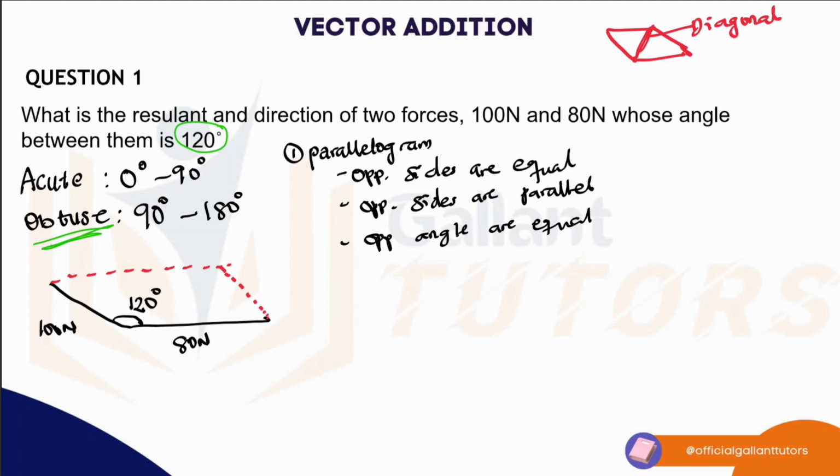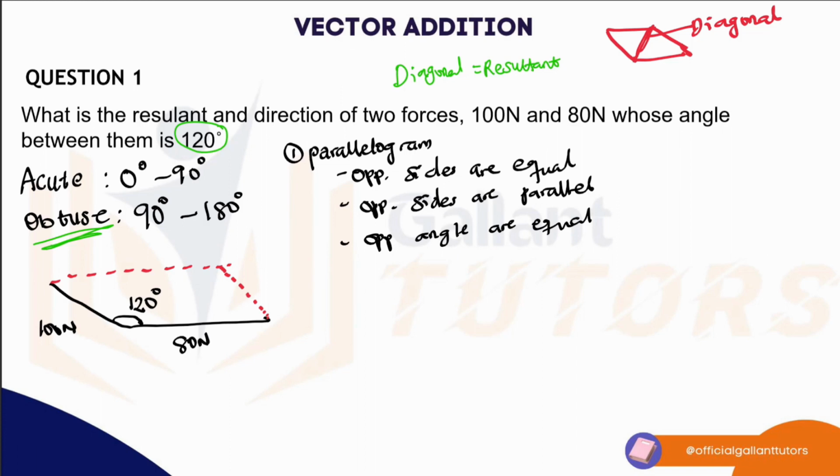Is that clear? And the diagonal in vector addition signifies the resultant. So whenever you hear diagonal in a parallelogram, as a method used in solving vector addition, it is equal to the resultant. So do not forget that.